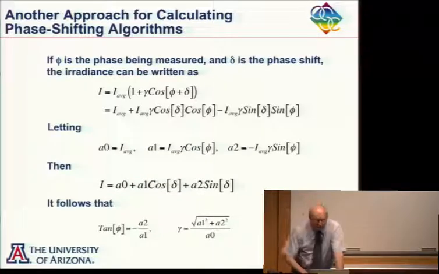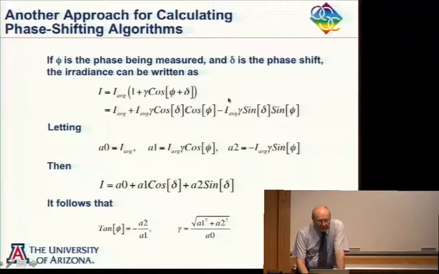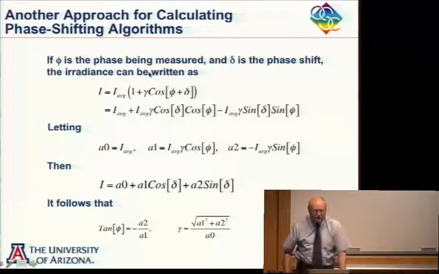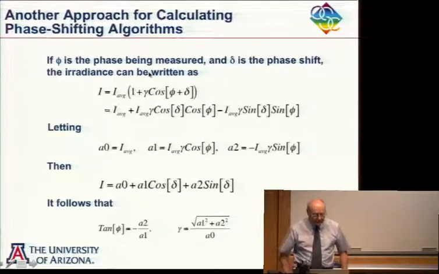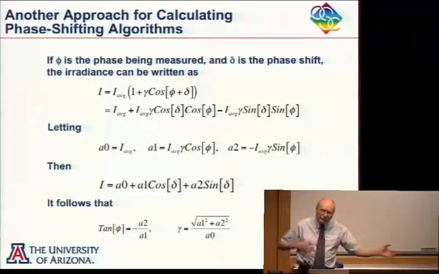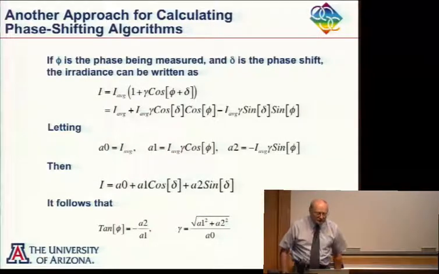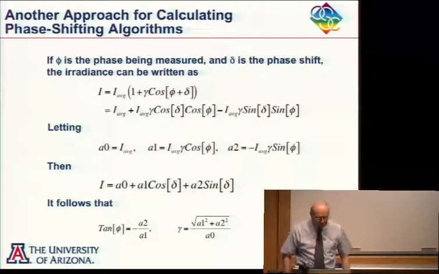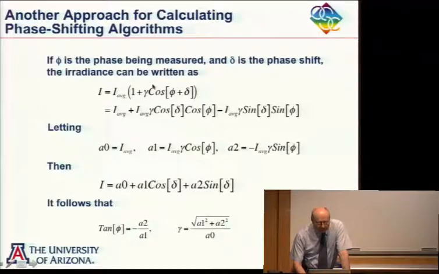So another approach for calculating phase shifting algorithms. We have two-beam interference. I'll write it this way: I average times 1 plus gamma cosine of the phase difference here. Gamma is to take into account that the intensities of the reference and test beams are not the same, or maybe the polarizations are not exactly the same, or the coherence is not perfect.